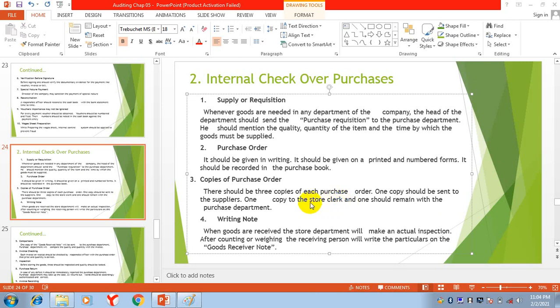So 1 copy will be sent to the store clerk and 1 will remain with the purchase department.